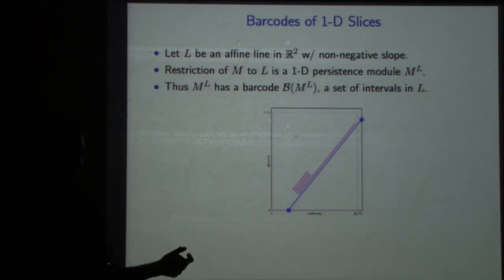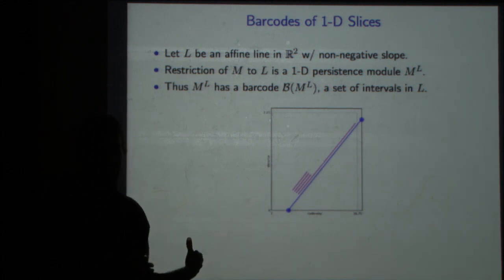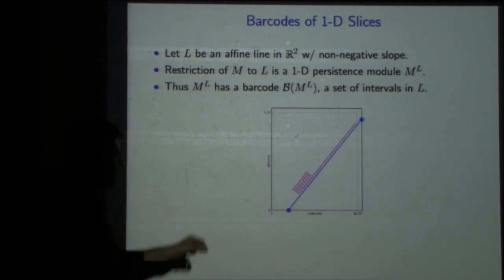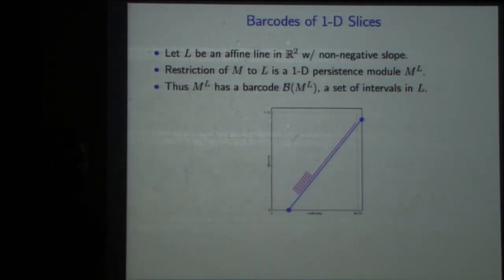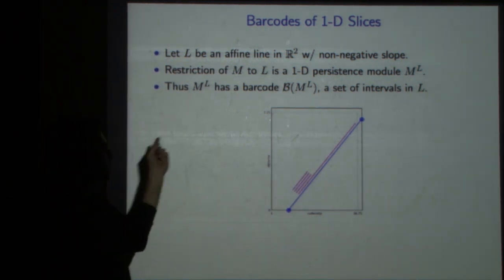I showed you the Z2-indexed ones because that's what I can draw on a slide, that's what I can visualize. And these R2-indexed ones are these continuously indexed variants, so I have a vector space at every point. Okay, good.